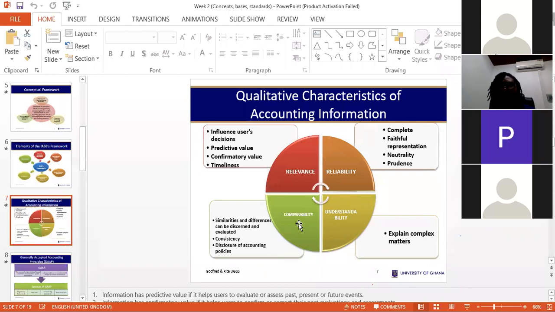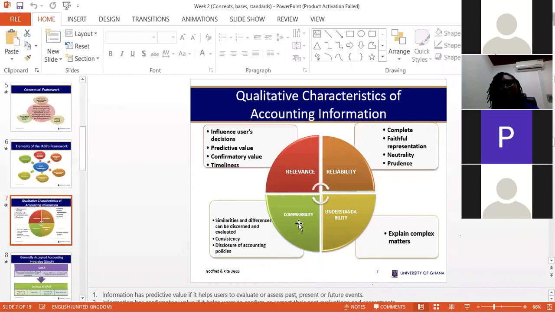And to be able to do that, we must be consistent in the application of the rules that we have used. Finally, to be able to compare, we must disclose every policy or rule that we have used in preparing the financial statement. And so that is disclosure. So we'll disclose all the policies in the notes.